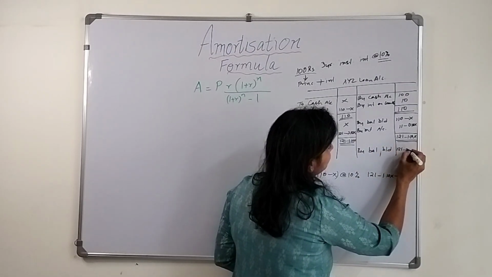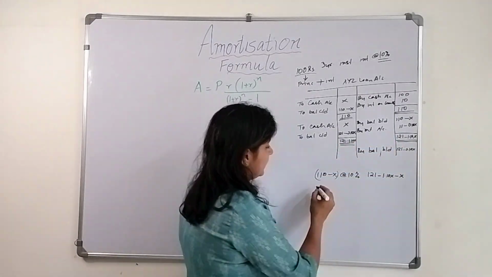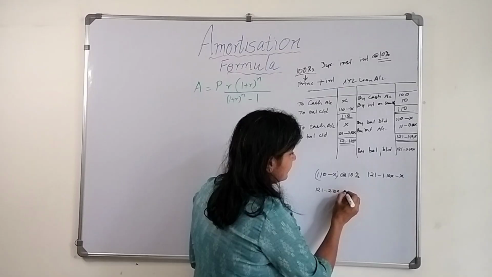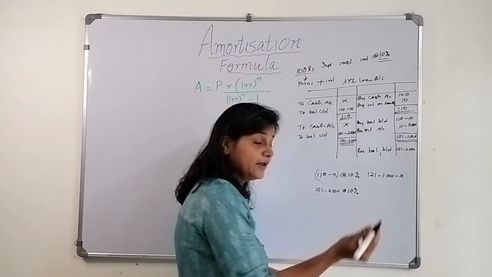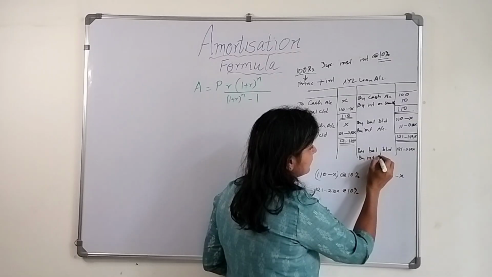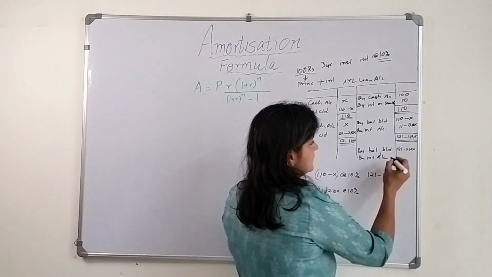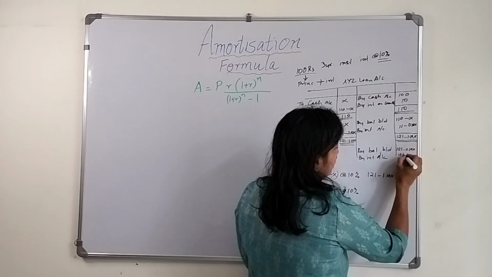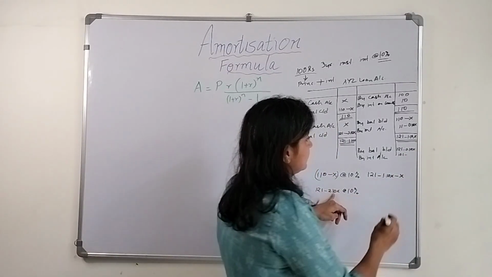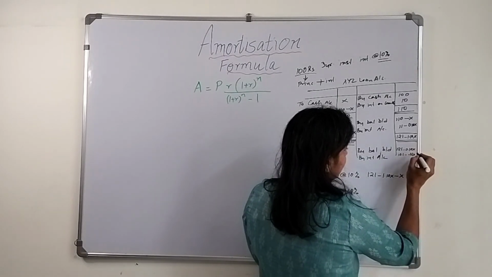On this I will again pay interest at the rate of 10%. So the interest will be 10% of 121, which is 12.1, minus 10% of 2.10x, which is 0.21x.